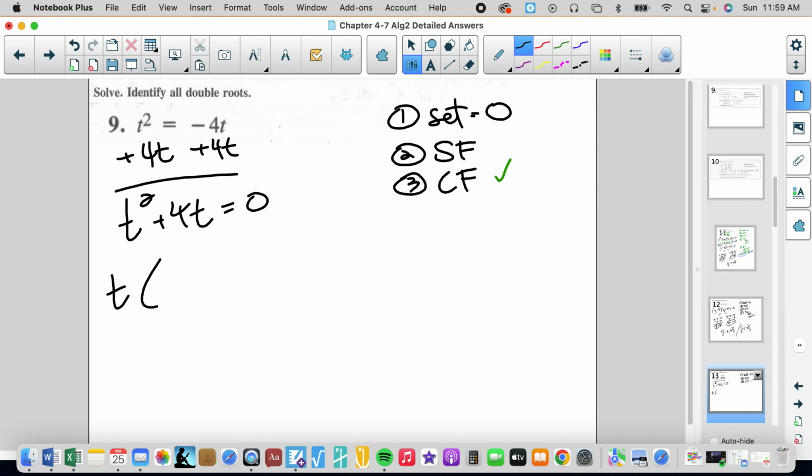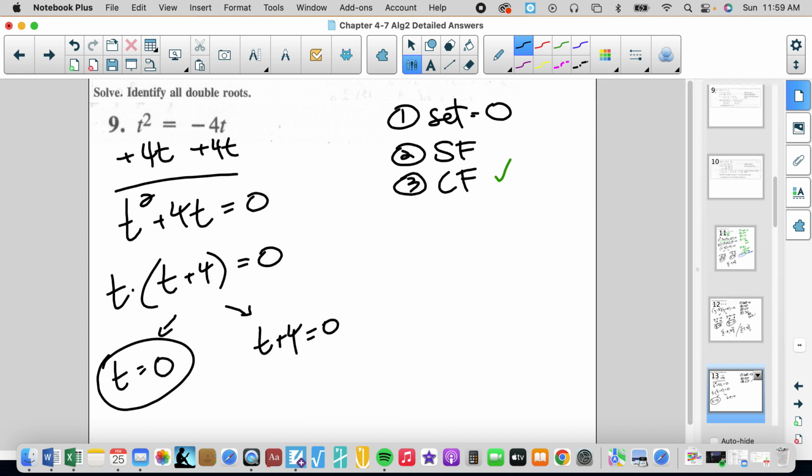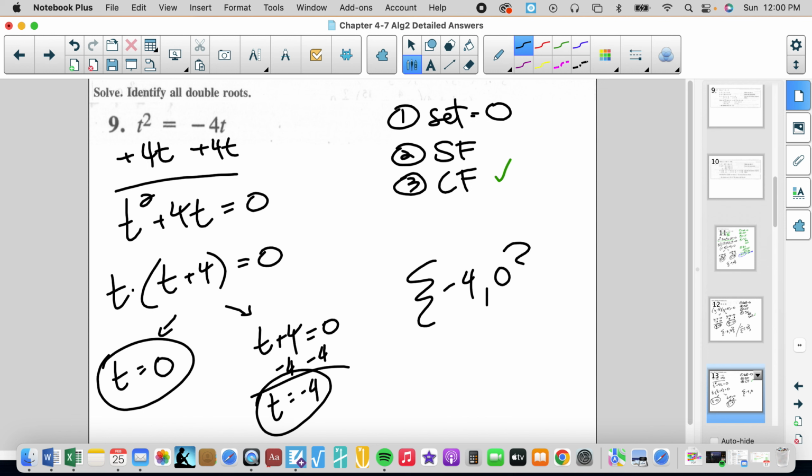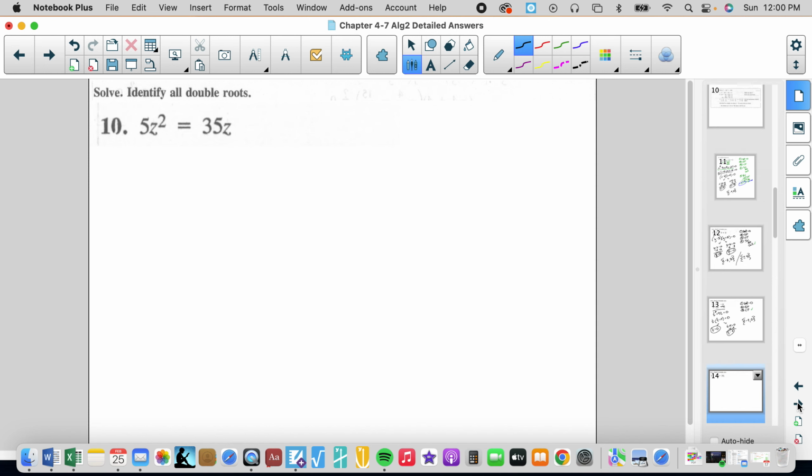So we take it out, t plus 4 equals 0. We now have the product of 2 things that equals 0. We're going to set each of those equal to 0. T equals 0 is already isolated, minus 4, t equals negative 4. So my answer is negative 4 comma 0. Those are the 2 solutions for that problem.